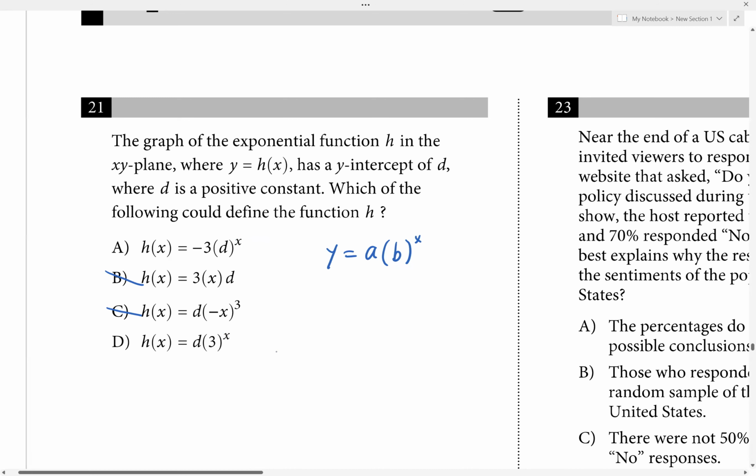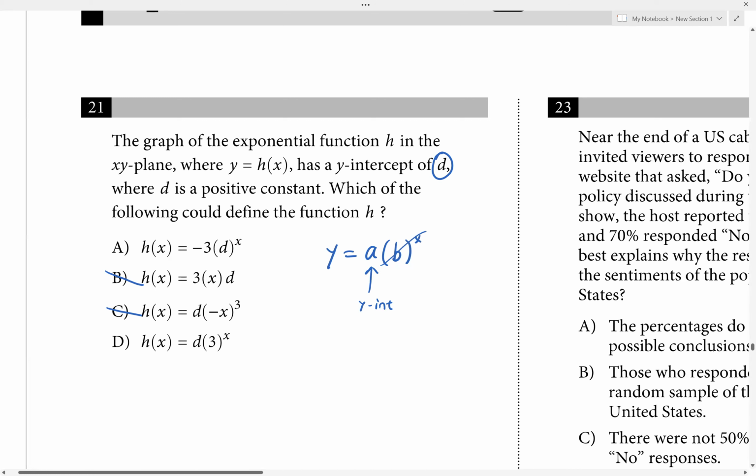Well, they also said the y-intercept had to be d. In an exponential function, the number multiplied in front of the parentheses is going to be our y-intercept. Because when x is 0, b raised to the 0 is equal to 1, so it cancels itself out.